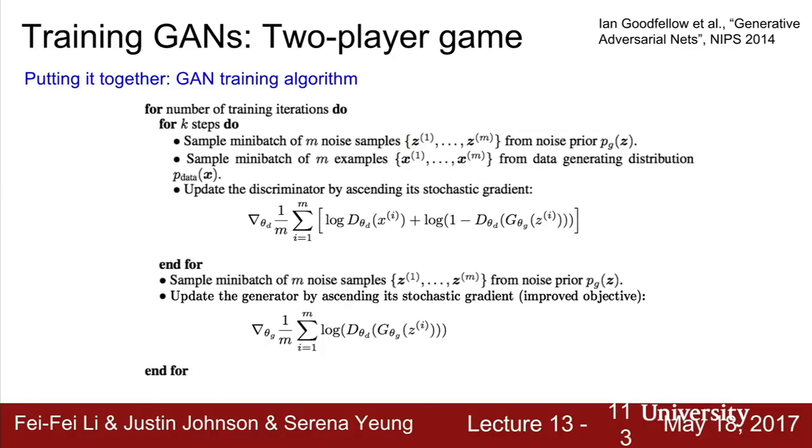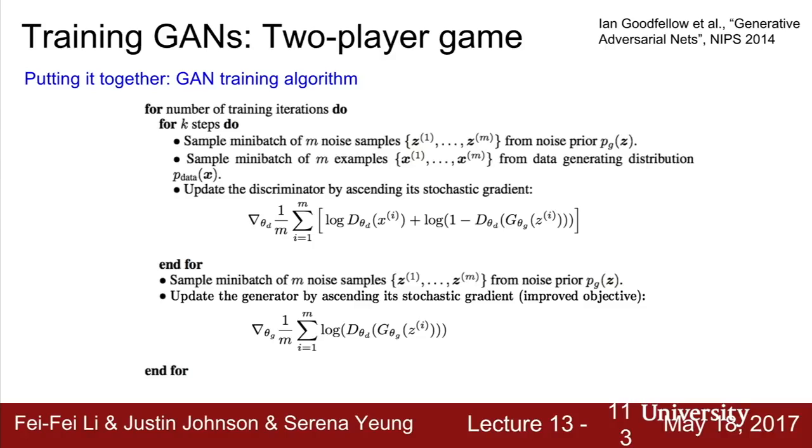Okay, so now let's put this all together and look at the full GAN training algorithm. For each iteration of training, we're going to first train the discriminator network a bit, and then train the generator network. For k steps of training the discriminator, we'll sample a mini batch of noise samples from our noise prior z, and also sample a mini batch of real samples from our training data x.